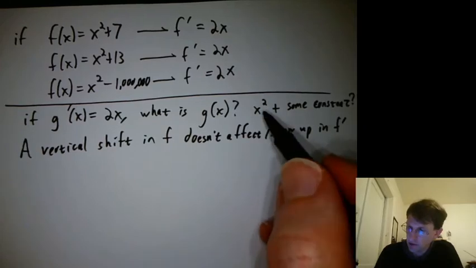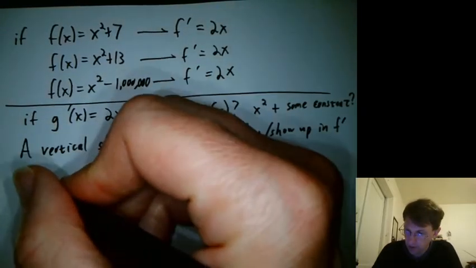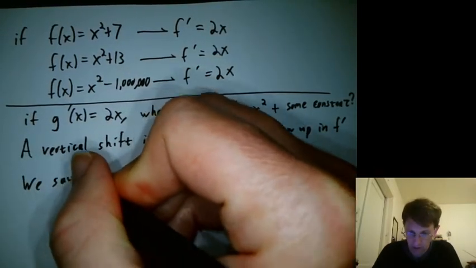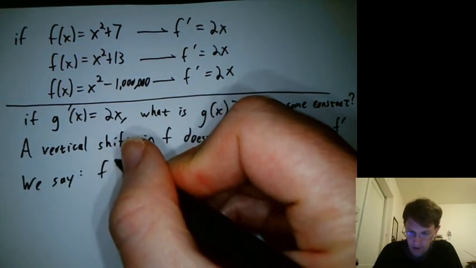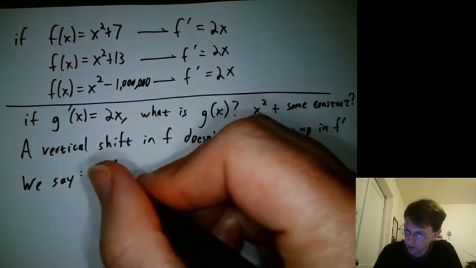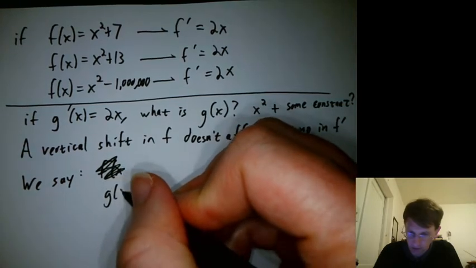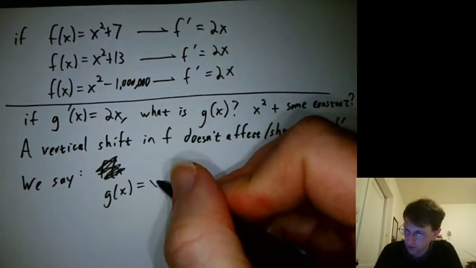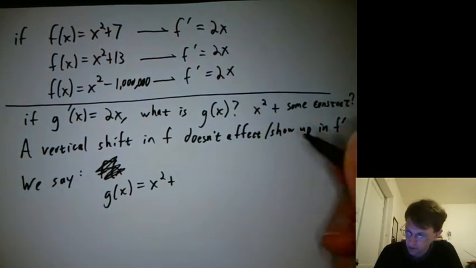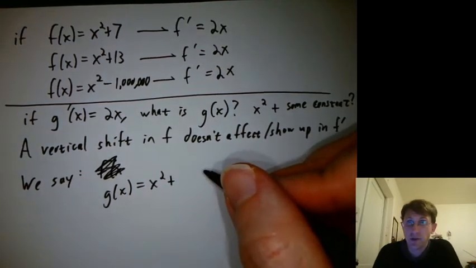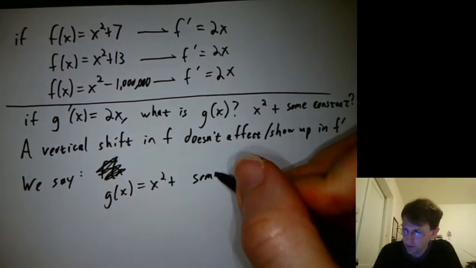So to write this slightly more formally, we say, here, actually let's call it g of x for this example, would be x squared plus some constant we don't know, but we have to have a more formal name than that.